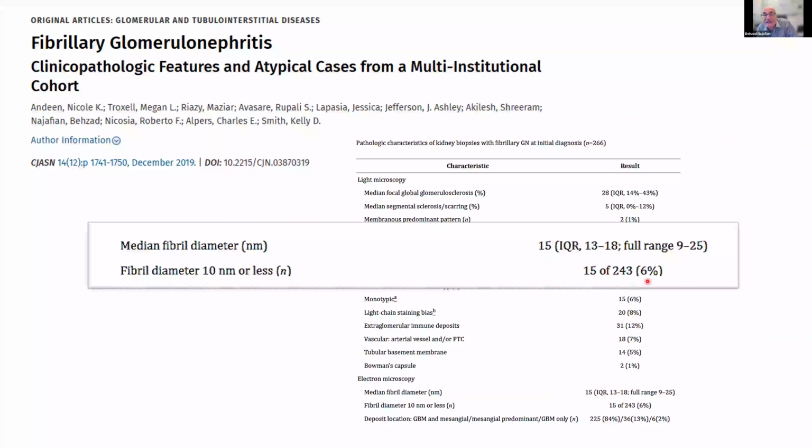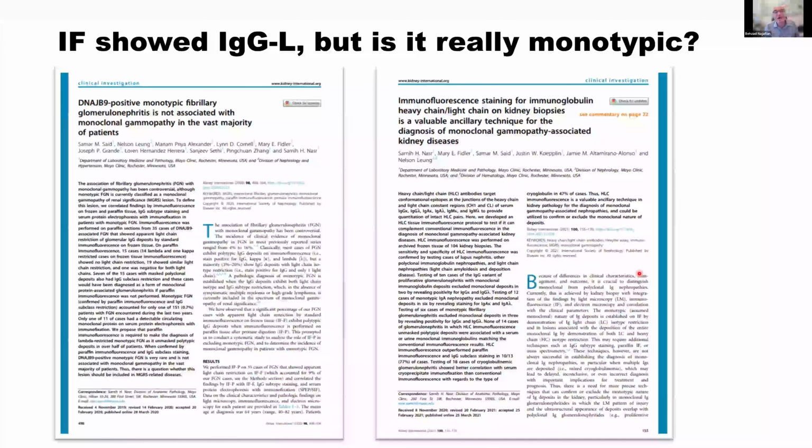And about 6% of the cases studied had a fibril diameter of 10 nanometer or less. So in fibrillary glomerulonephritis, although commonly it is a little bit thicker than amyloid, it can be on the thin side as well. All right, okay, fibrillary GN.